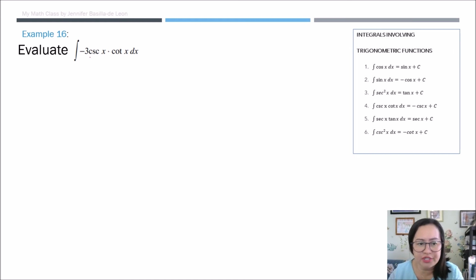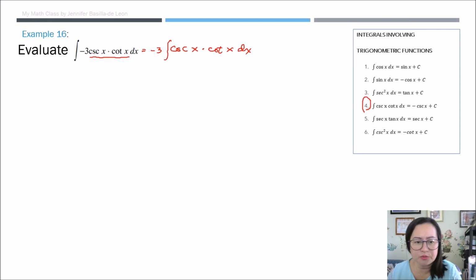Now we have here this expression. Now looking at the rules, okay, we shall use rule number 4. Okay, let's rewrite first by writing negative 3 before the integral sign. So we can see clearly that we're just going to evaluate the antiderivative of cosecant x times cotangent x dx.